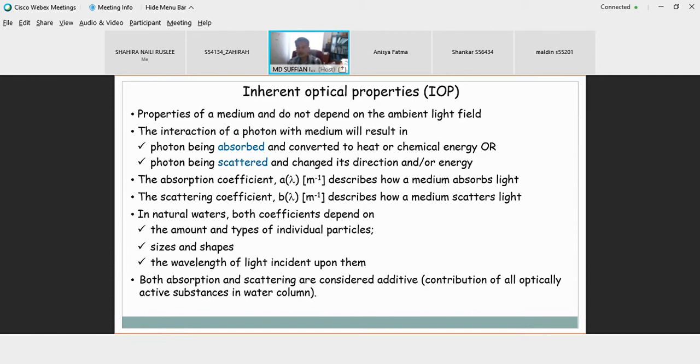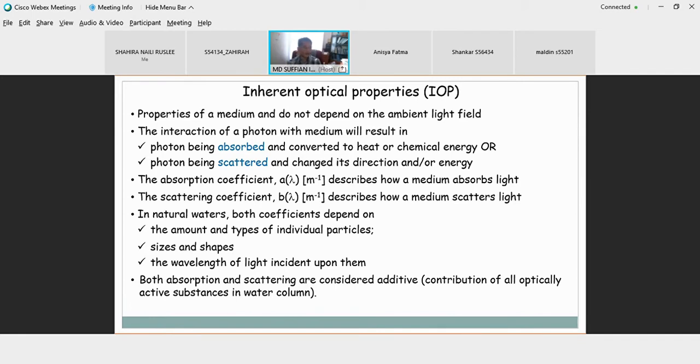So the absorption coefficient, or the efficiency of absorption, describes how a medium absorbs light. Sebagai contoh, phytoplankton absorption coefficient. Berapa banyak dia absorb. How efficiently it absorbs light.